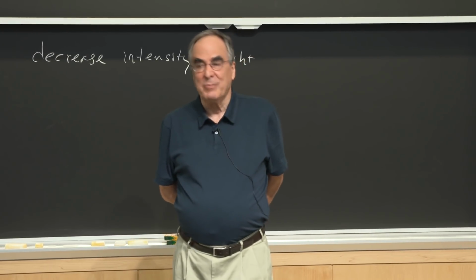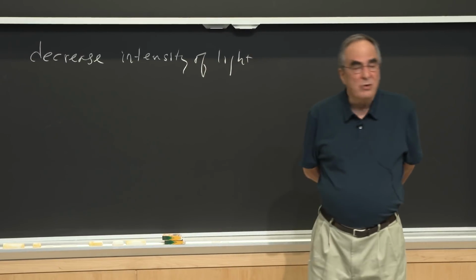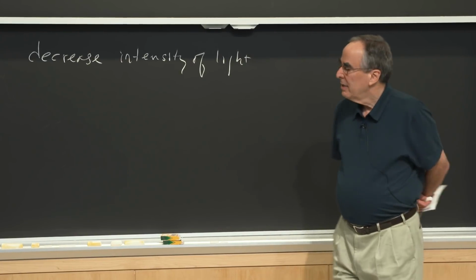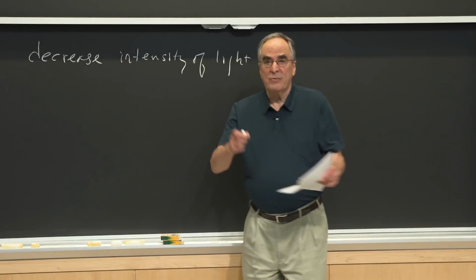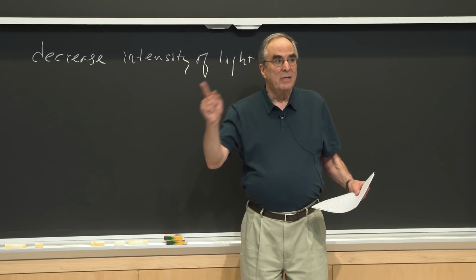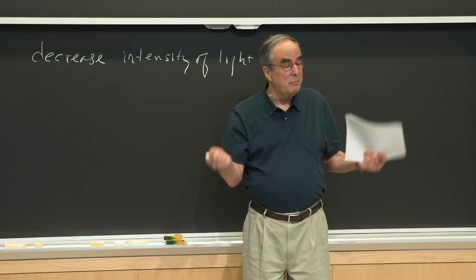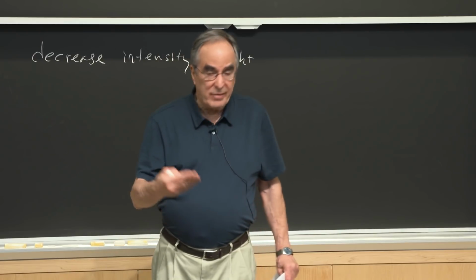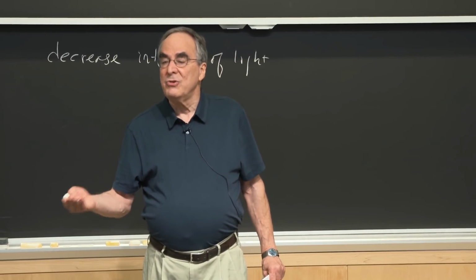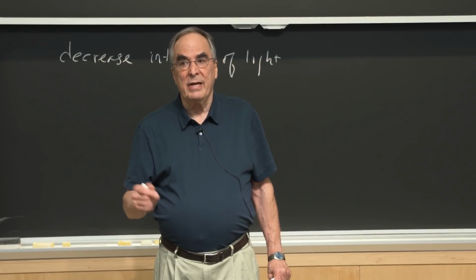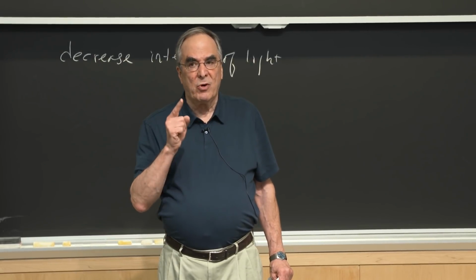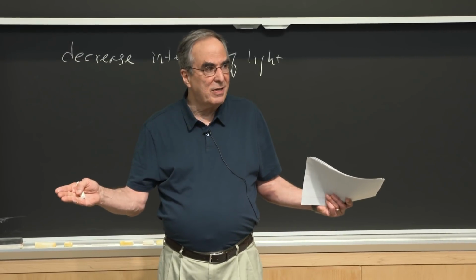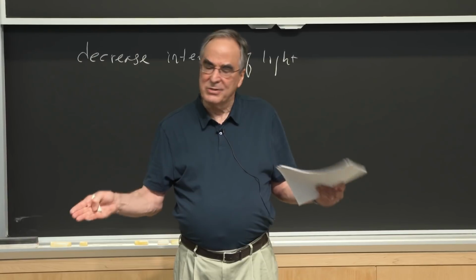But we can say, suppose we decrease the intensity so that for the time it takes for the photon to go from the slit to the screen, which we know because we know the speed of light, and for the intensity of the light, which we can measure with an energy meter, we can say the probability of there being more than one photon at a time in the apparatus is small. As small as we want, but not 0.